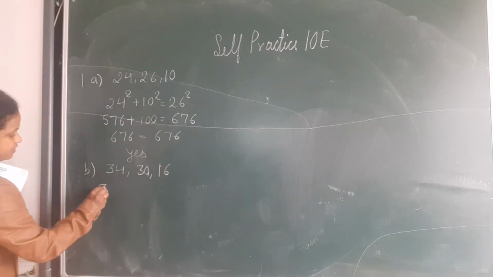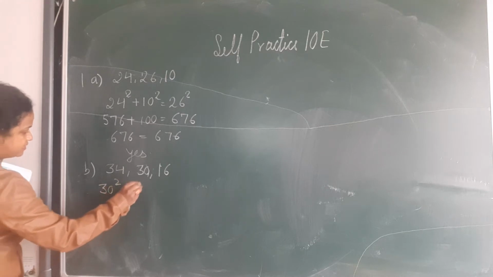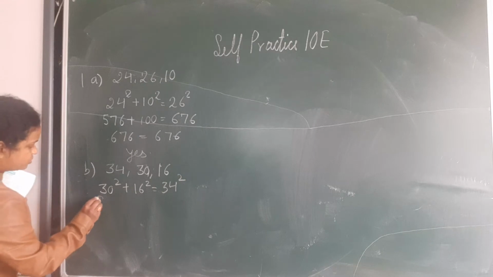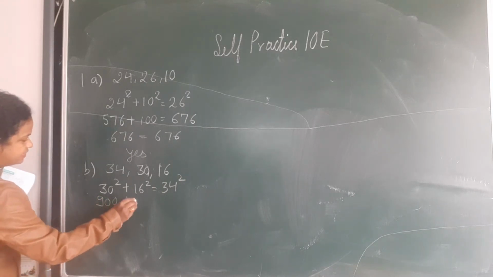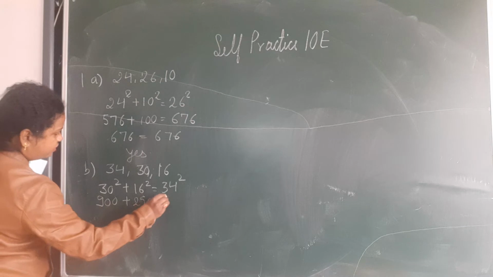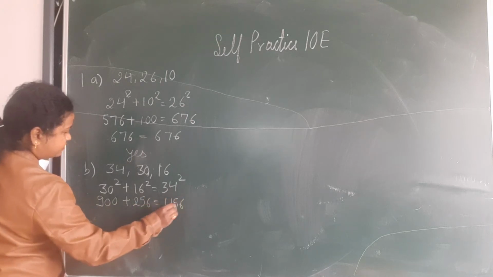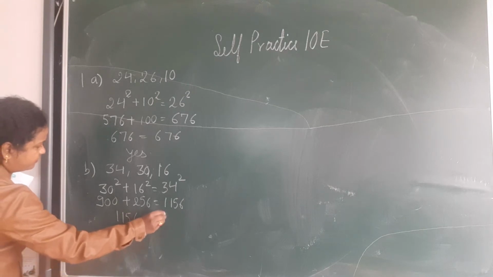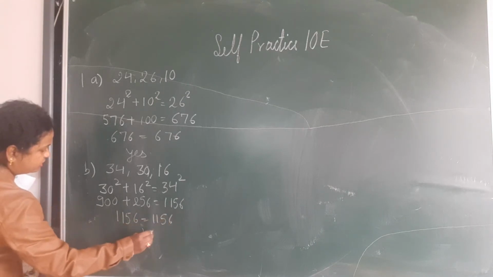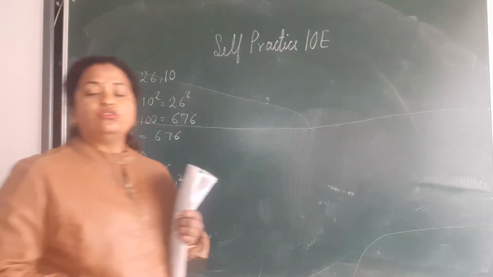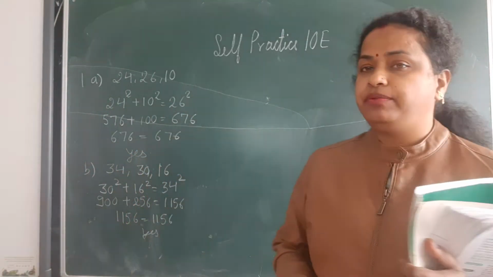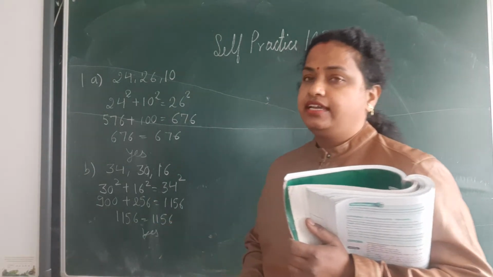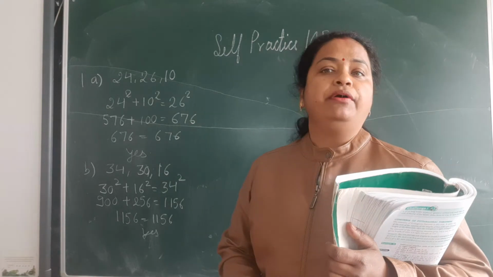So you will have 30 square plus 16 square should be equal to 34 square. 30 square is 900 and 16 square is 256, which is equal to 1156. You will get 34 square is 1156 and here also 1156. Both are equal to each other. Hence, it also shows the Pythagorean triplet.